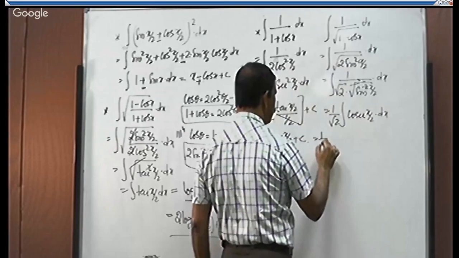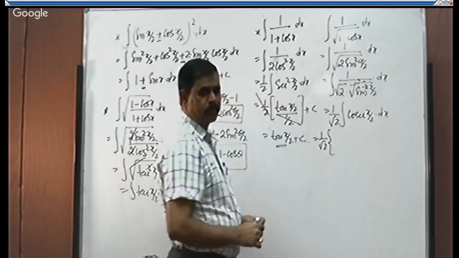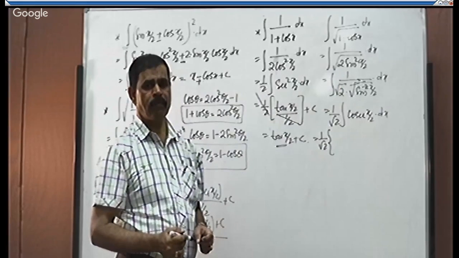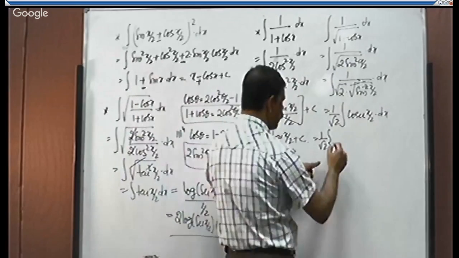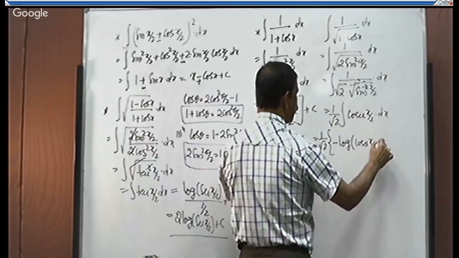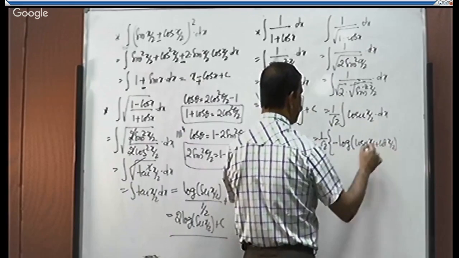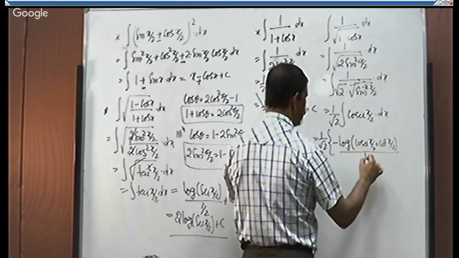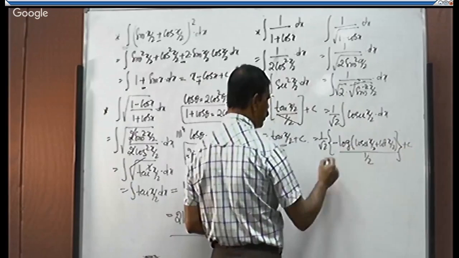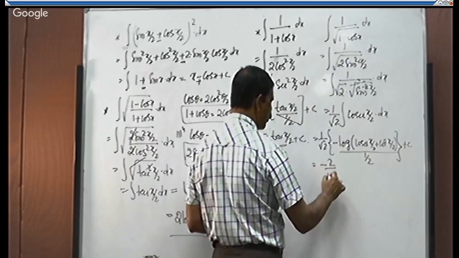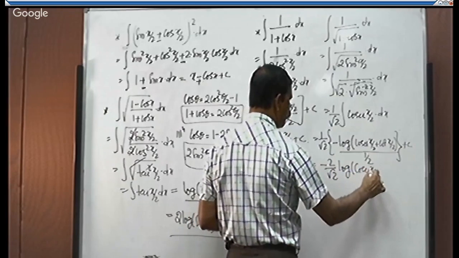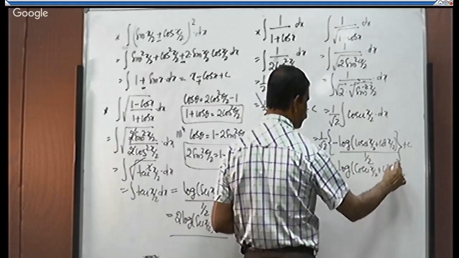Now 1 by root 2 into, what is the integration of cosecant x? Integration of cosecant x is equal to minus log of cosecant x plus cot x. Correct? It is minus log of cosecant x by 2 plus cot x by 2 all divided by 1 by 2, plus c. So this is taken to the numerator. It is minus 2 divided by root 2 into log of cosecant x by 2 plus cot x by 2.